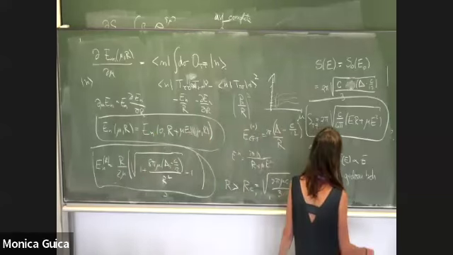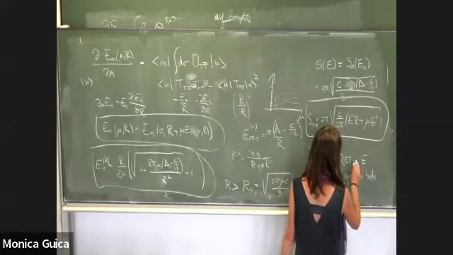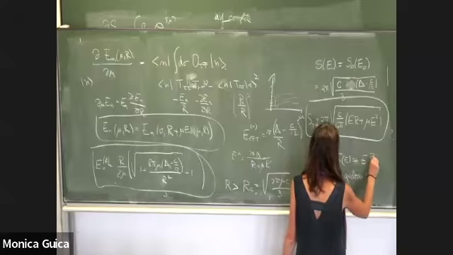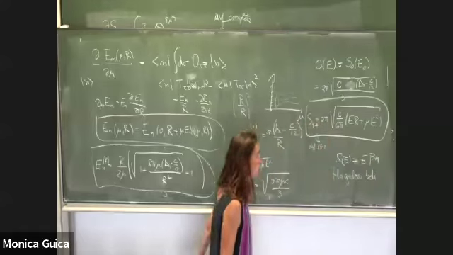Why? The reason is that S of E is equal to E times beta Hagedorn, so some constant.